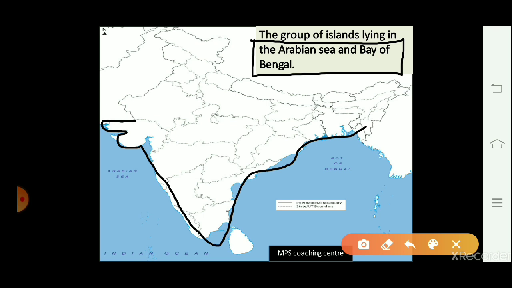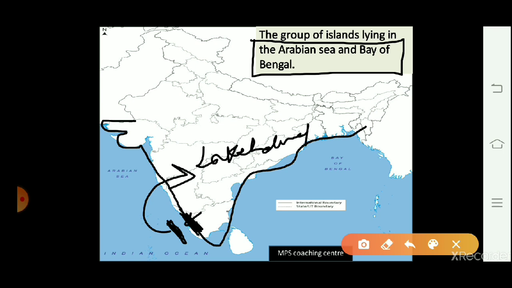For plotting the group of islands in the Arabian Sea, we have to make one small thin line near the Indian coastline or parallel to the state of Kerala. This line is representing the Lakshadweep group of islands.